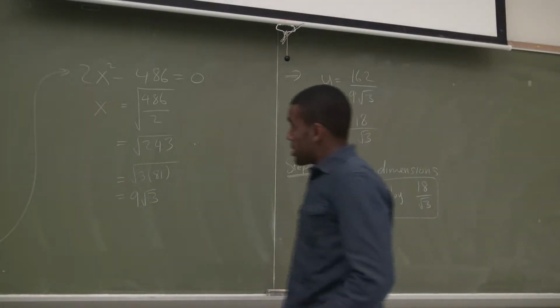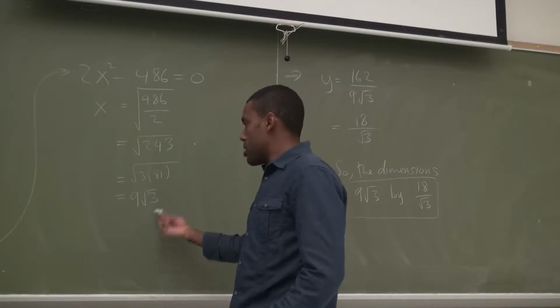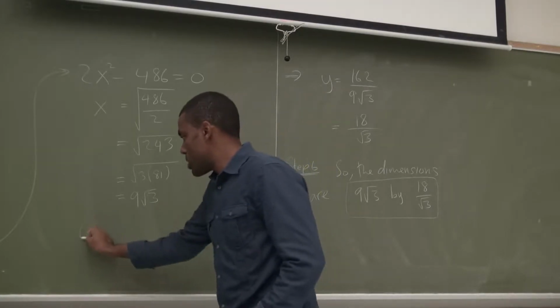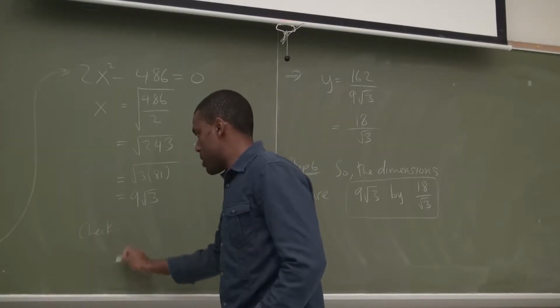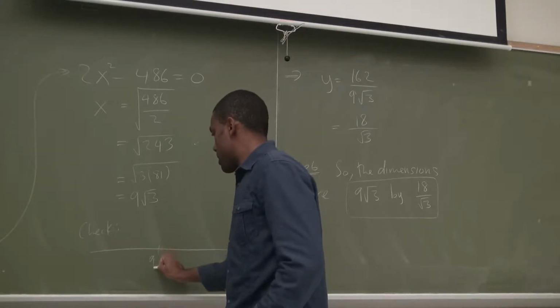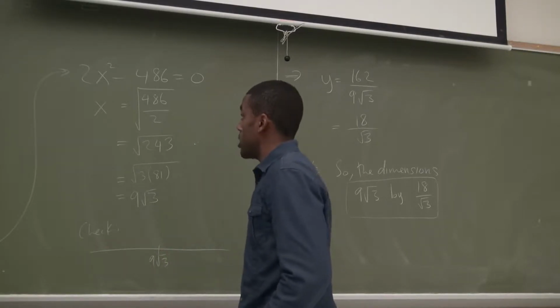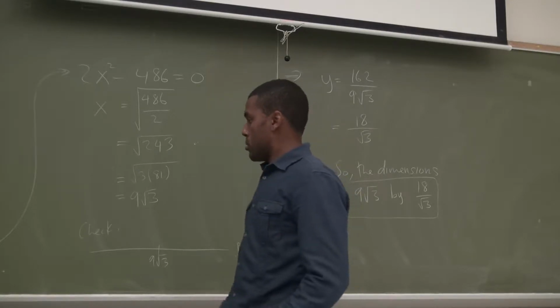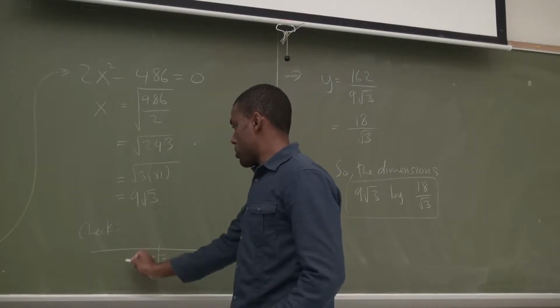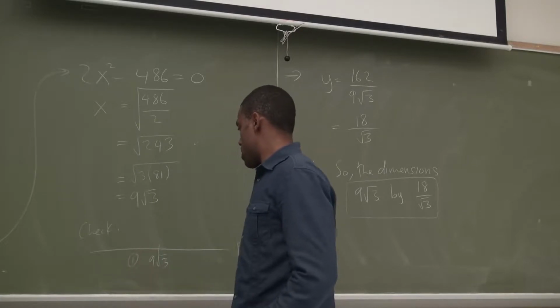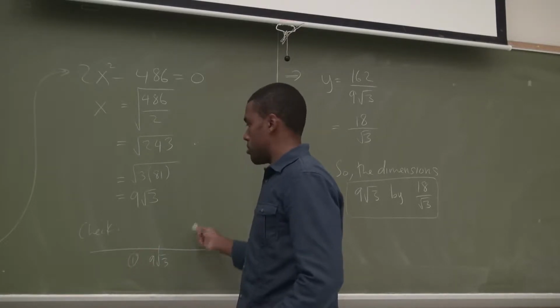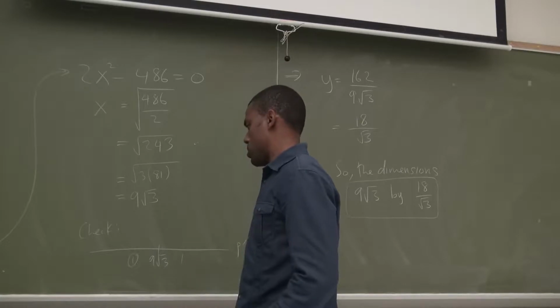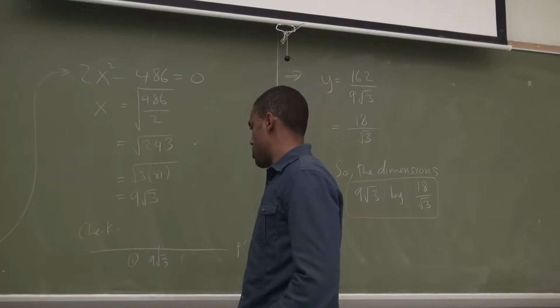Like I said, most of the time, if you only get 1, it's going to be the answer you want. You can always do a check. It'll set your mind at ease. Right, that 9 radical 3, you check it in the derivative. So you can plug in a number over here, like 1, plug in a number above. 10 wouldn't be.